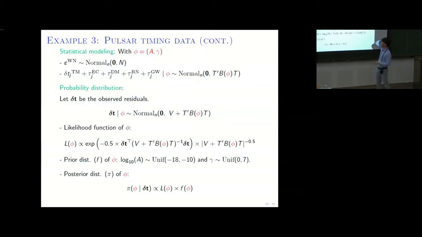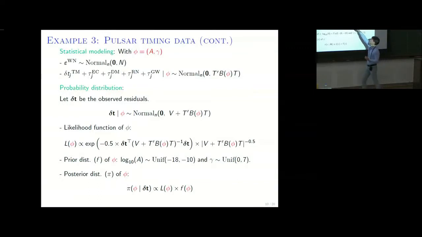Based on his model, we can derive the probability distribution of the observed residuals. Residuals follow a Gaussian distribution with some variance component from white noise and other variance components from the other factors.